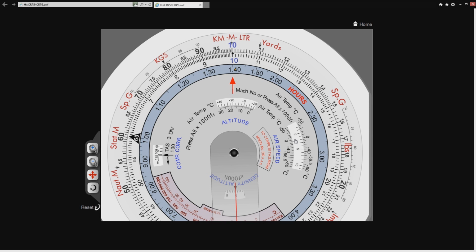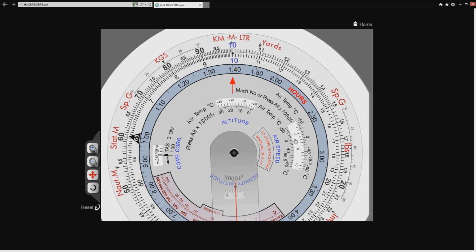And the ICAO paperwork states that in the average atmosphere, the temperature will decrease at a rate of 2 degrees per 1,000 feet. Okay, so if it's 15 degrees at the surface, then it's going to be 13 degrees at 1,000 feet. It's going to be 11 degrees at 2,000 feet. It's going to be 9 degrees at 3,000 feet.